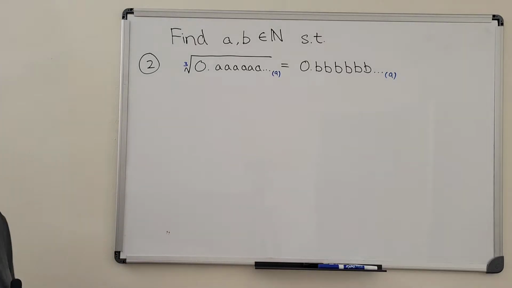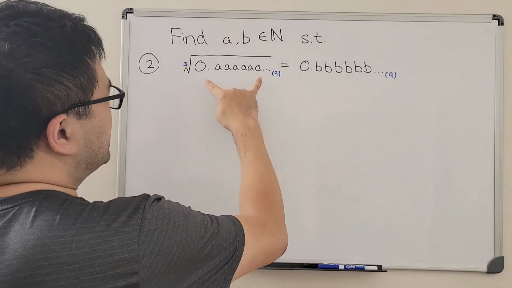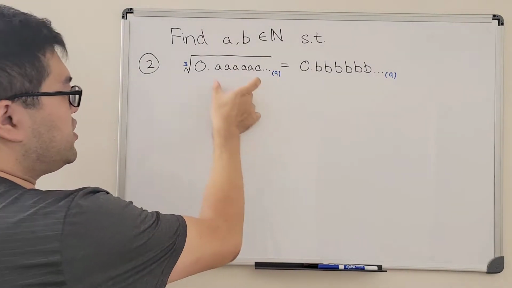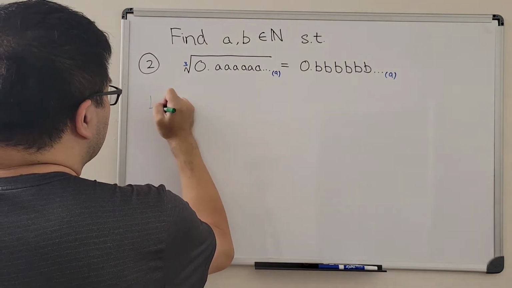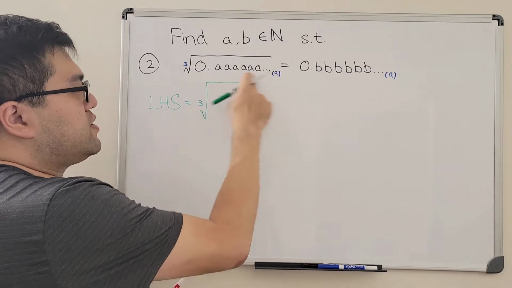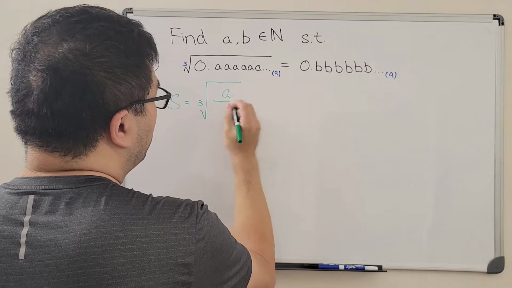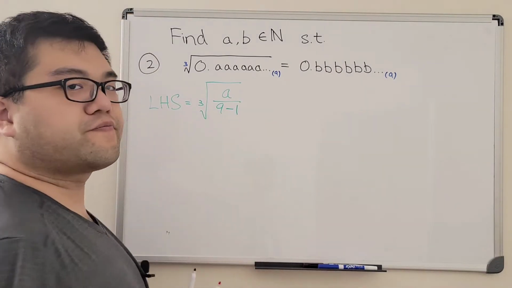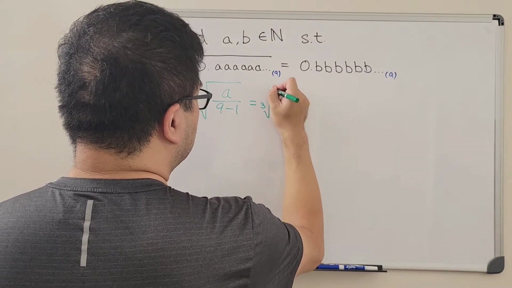All right, here is the second problem. And once again, since we see that the base is 9, we can write this left-hand side as the cube root of this expression, which is a over 9 minus 1, which is equal to 8.